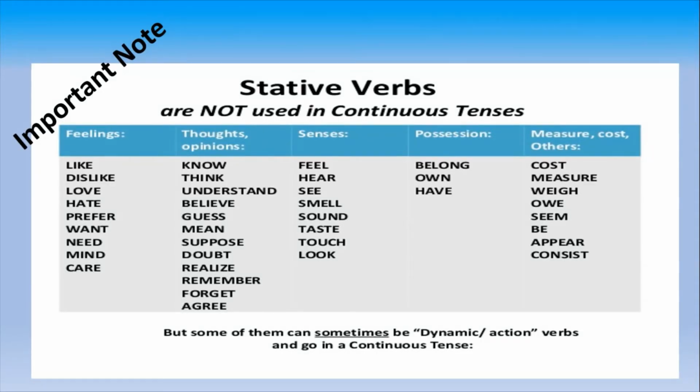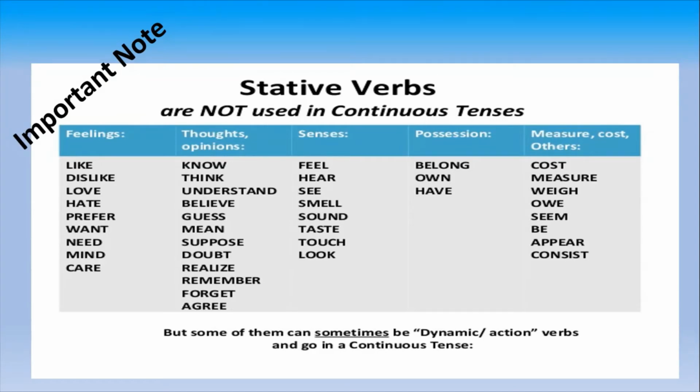For studying the continuous tenses or progressive tenses, I have a very important note. What is the difference between the stative verb and the dynamic verb, and how can we use these verbs in continuous tenses? A stative verb is a verb that reflects feeling or opinion, sensing, position or measurement, cause and other things.